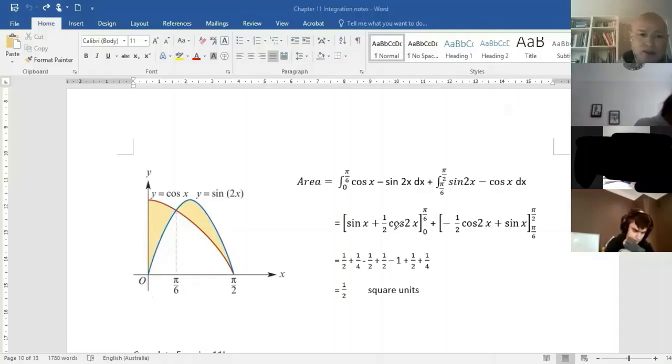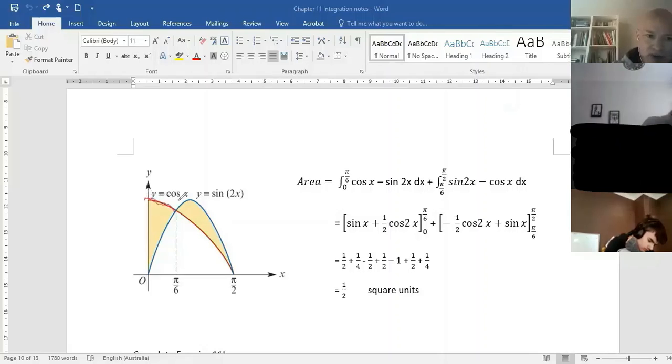We've got the red one from here to here on top first, so we have to break this up. I'm doing the cos x first, which is the red, and I'm minusing the blue one, which is sine 2x.